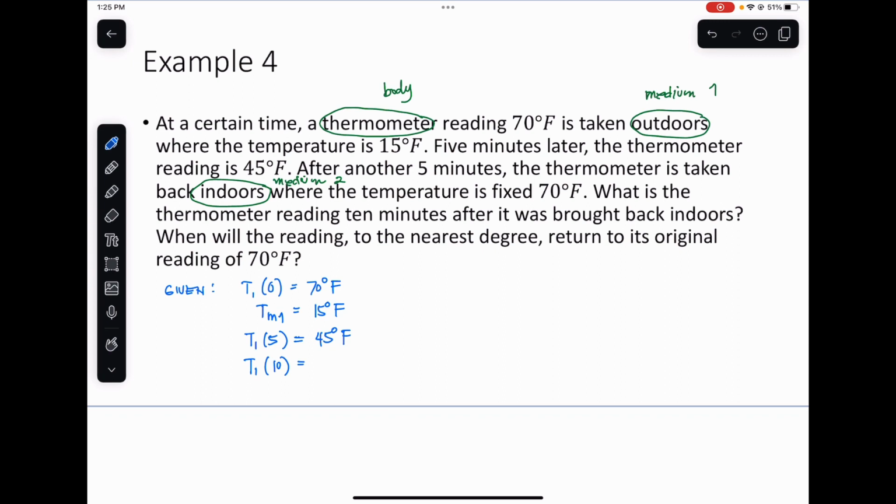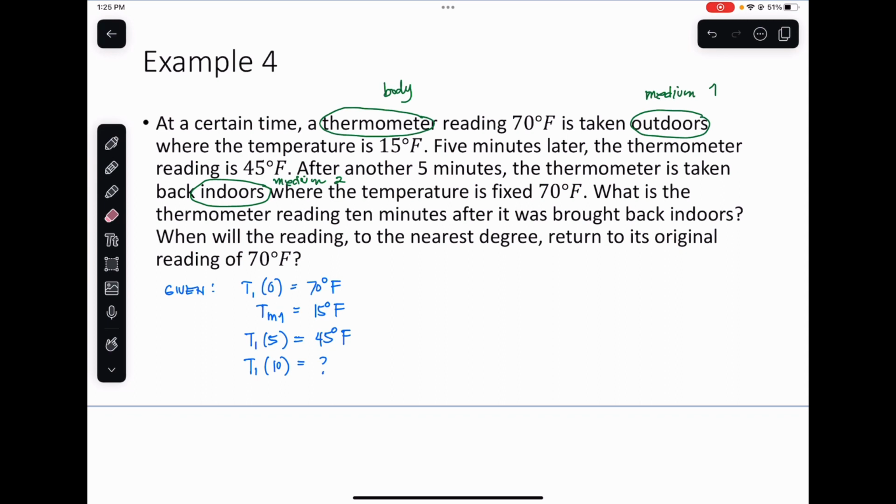But what would be the temperature after 10 minutes? I do not know. The temperature right before it is taken indoors, we do not know. So this is for the first medium.